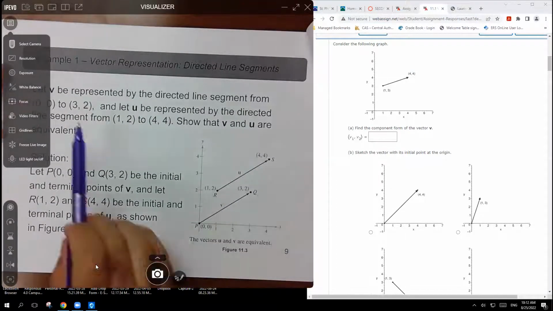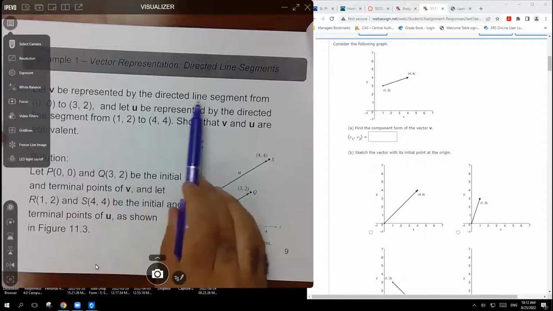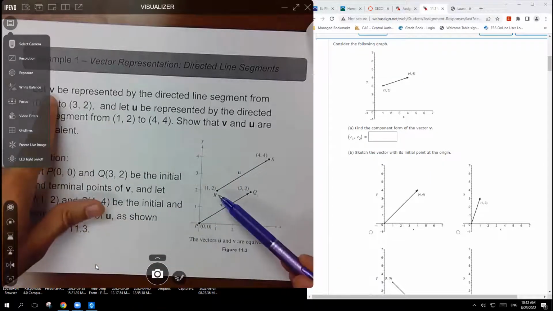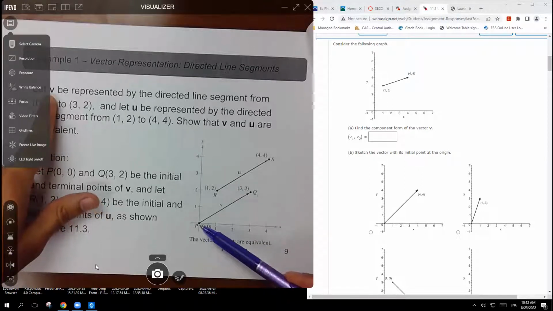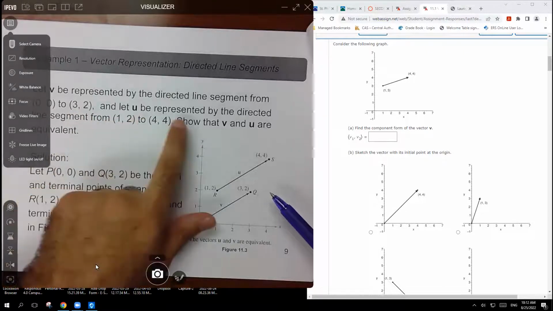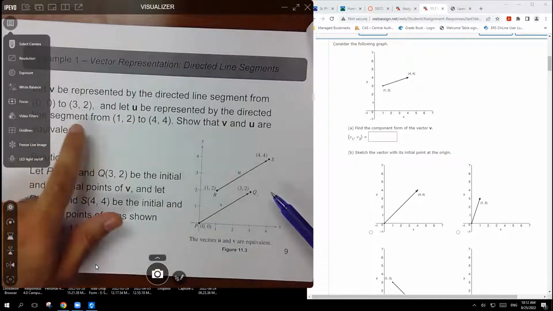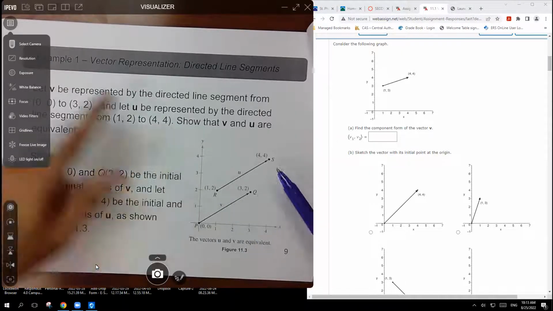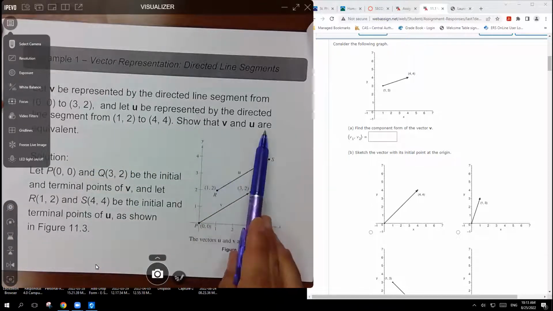So here's an example. They're telling you let V be a directed line segment, from the point P (0, 0) to the point Q (3, 2), and let U be another directed line segment from the point R (1, 2) to the point S (4, 4). Show that V and U are equivalent.